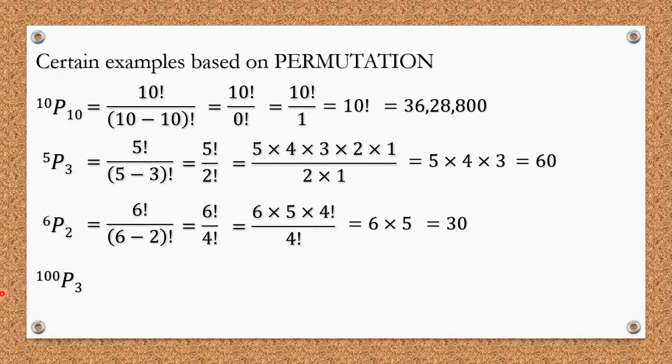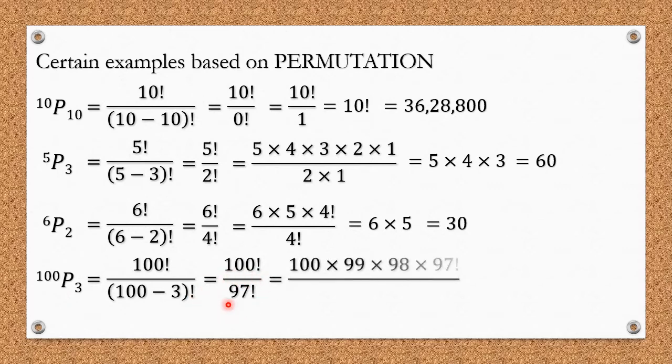I just told you guys about 100, right? So let's take an example about that. 100p3. The formula here will be 100 factorial upon 100 minus 3 factorial, which is 100 factorial upon 97 factorial. Now, of course, I am not going to write from 100 to 1. Rather, I should only write up to 97. That is easy, right? That's shorter. So 100, 99, 98 and then 97 factorial, because in the division 97 factorial is there.